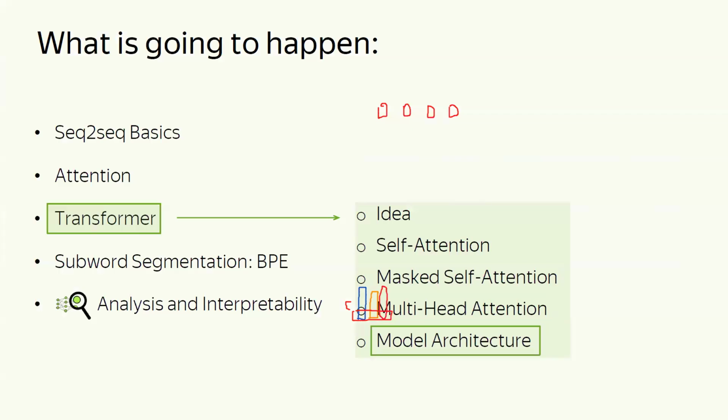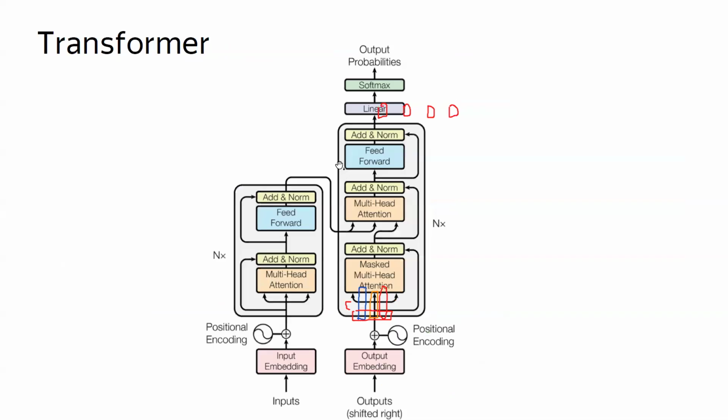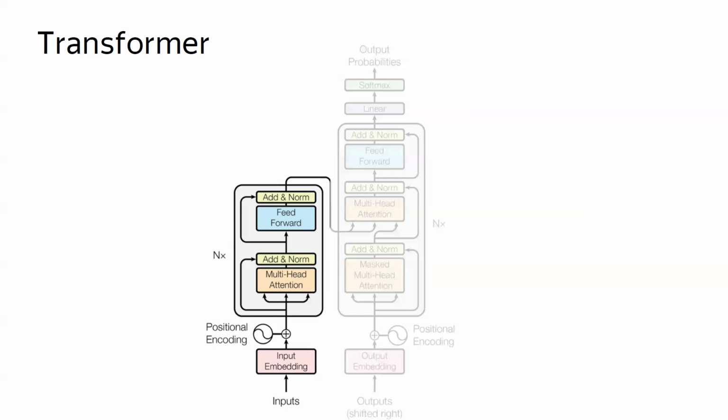Okay, and now let's go to the transformer architecture. So this is how the transformer was drawn in the original paper. If you look at this drawing from the beginning, I think you wouldn't understand anything here. This part is the encoder.